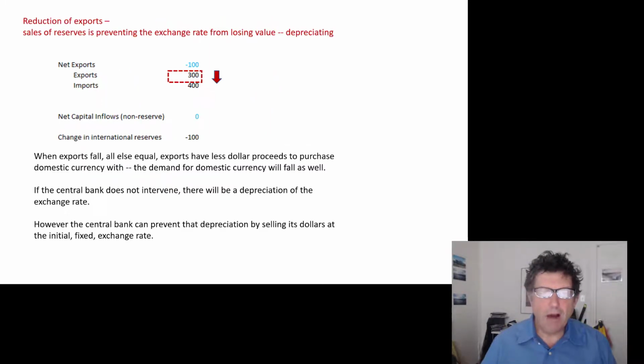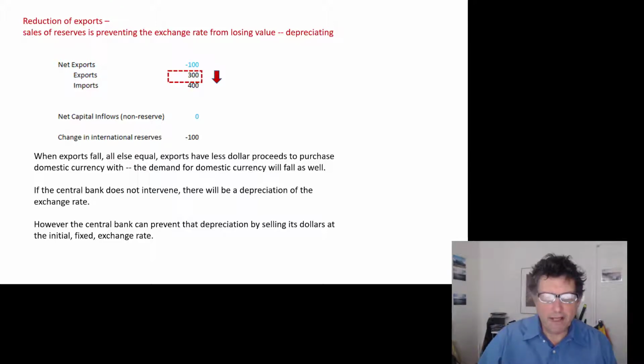Okay. Now let us suppose that we have an unexpected drop in export revenue. That means that exporters who typically come to the central bank and say, here are my dollars, I'd like to buy some domestic currency, are now coming to the central bank and asking for less domestic currency. So the demand for domestic currency is falling.